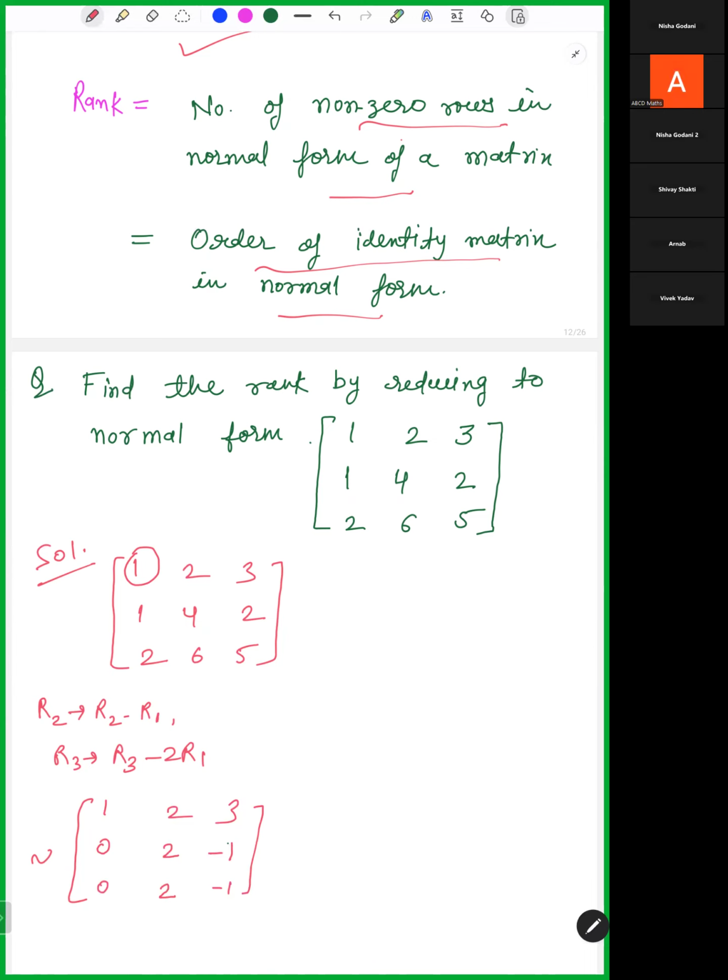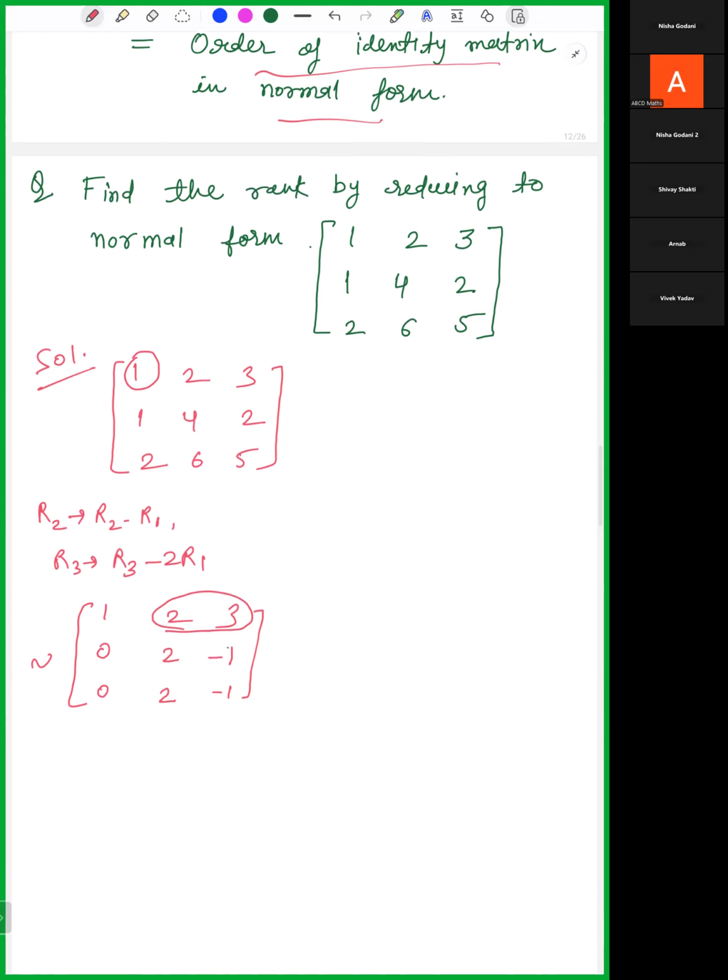But because you are going to reduce to normal form, that is why you want these 2 and 3 in the first row. These also must be equal to 0. So you will apply column operation. What will you apply? In column 2, because you have 1 here in the first column, you will take help of this column 1.